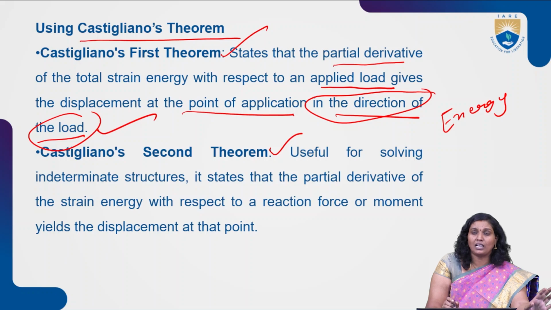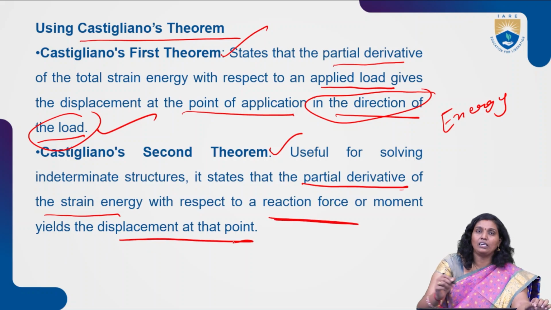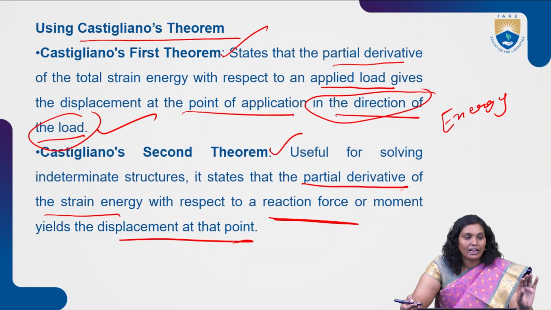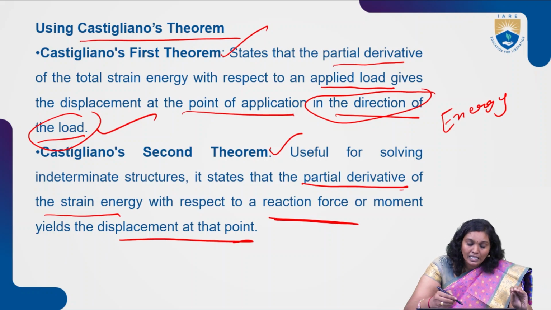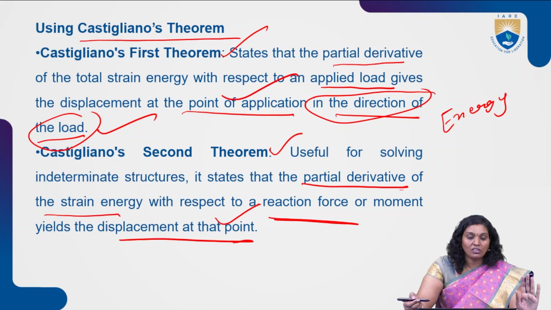It states that the partial derivative of the strain energy with respect to the reaction force or moment yields the displacement at that point. In the first theorem, it is the point of application in the direction of the load. So these are the statements which we understand from Castigliano's theorem.